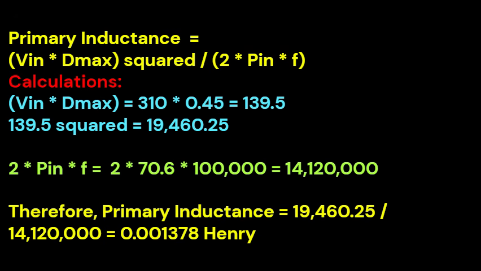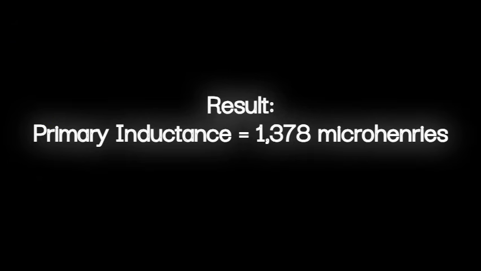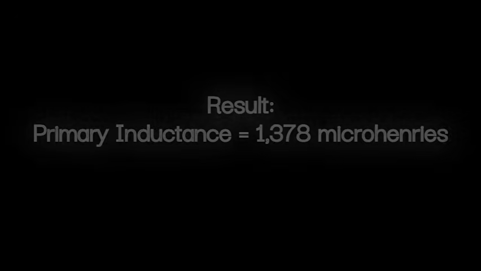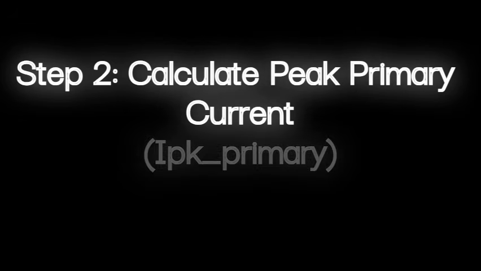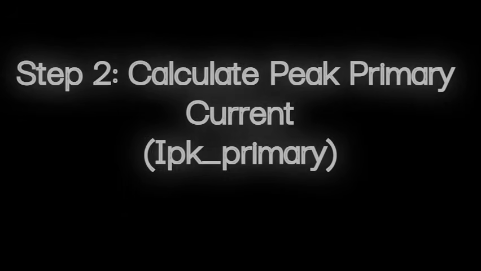Primary inductance equals 19,460.25 upon 14,120,000 equals 0.001378 Henry. Result, primary inductance equals 1,378 microhenries.